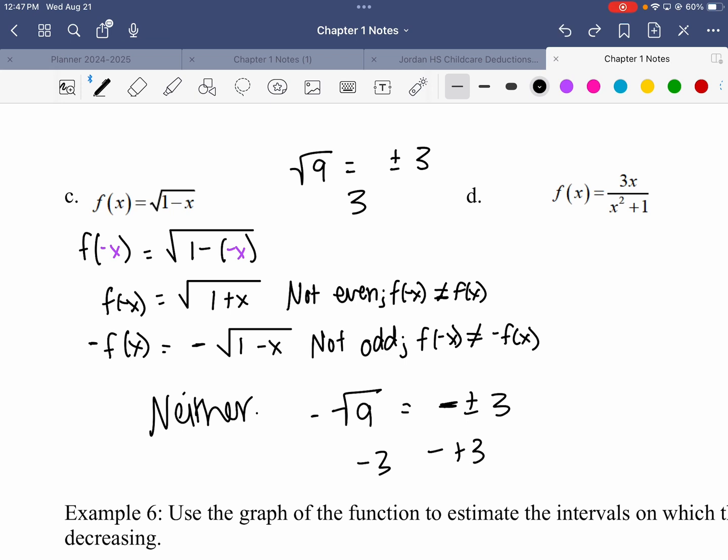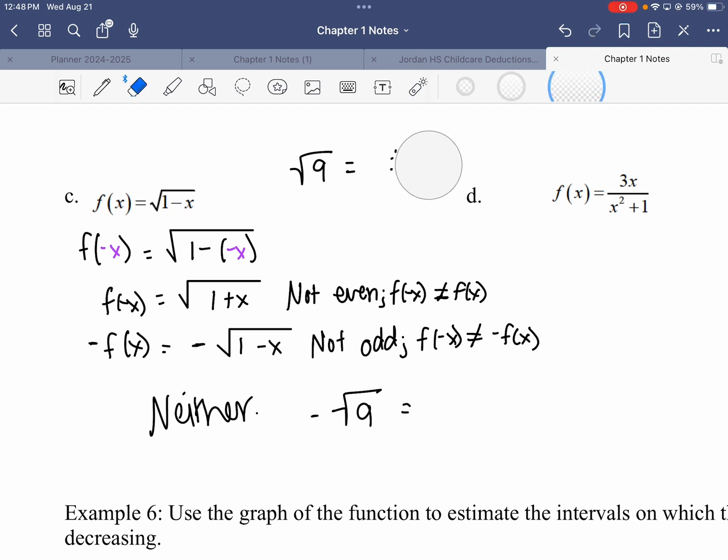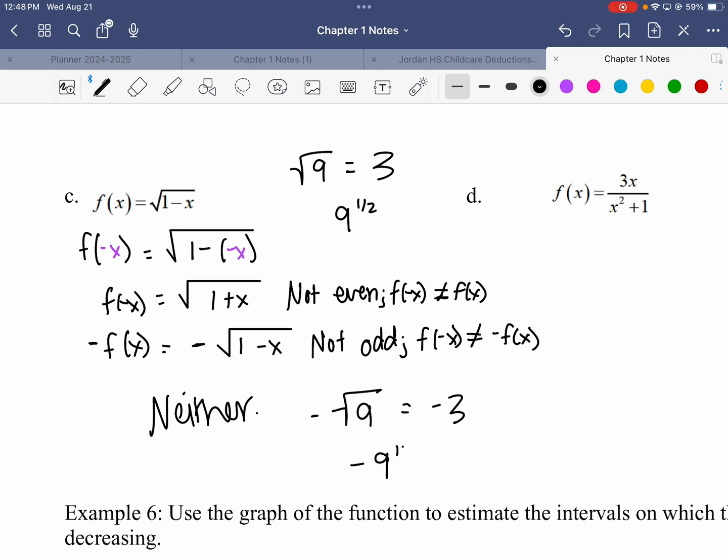Order of operations. Let me think through this. How do I explain this better? Okay, if we rewrote this as 9 to the 1/2 power, you guys agree that that's the same thing? You can write roots as fraction exponents, yes? Which gets applied first?